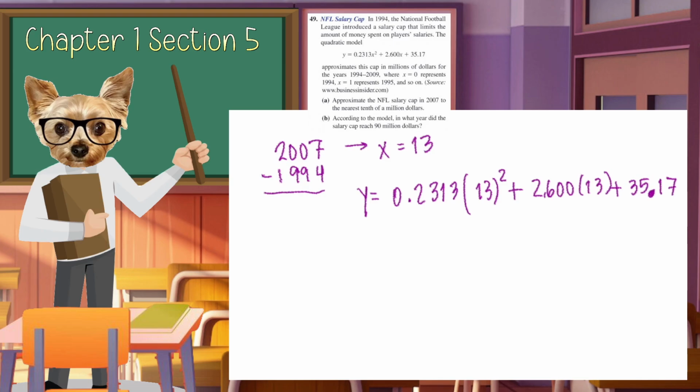And remember that the unit on Y is millions of dollars, so that's the unit you would put at the end of the problem. Let me look back at the book, because it's not 2,600, it's 2.6.